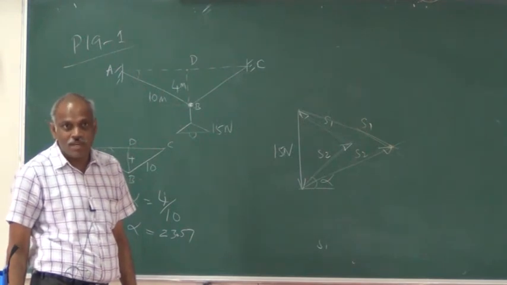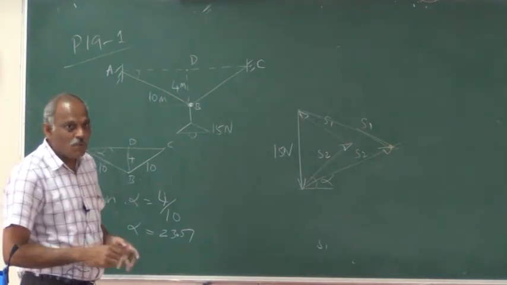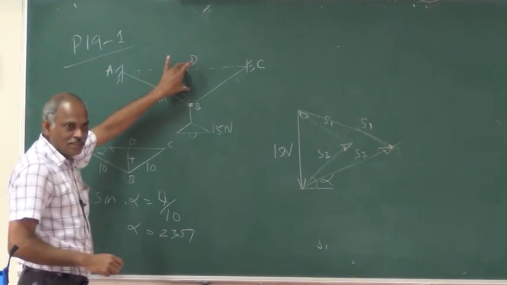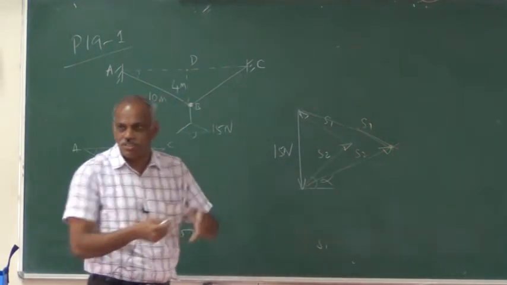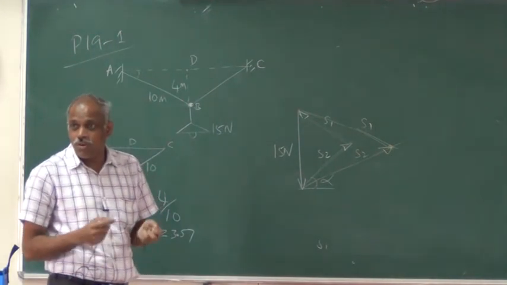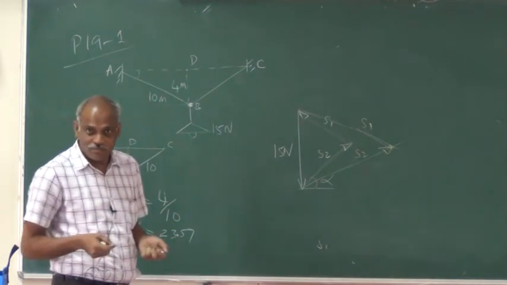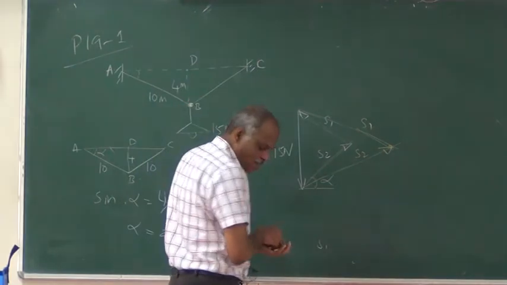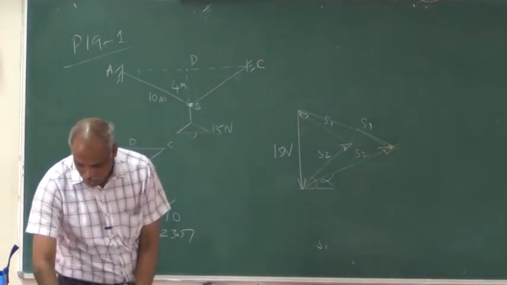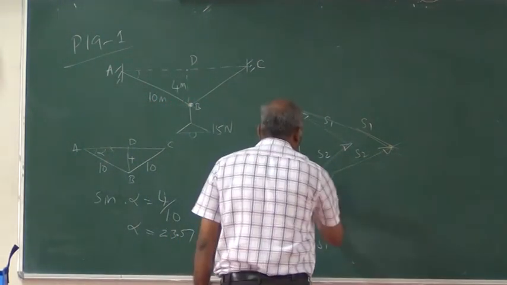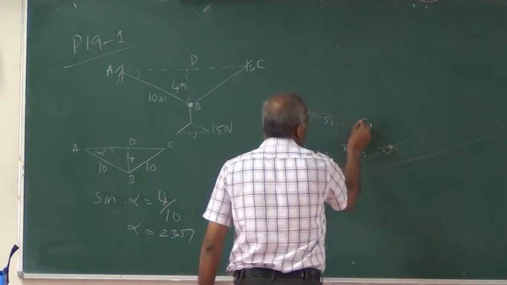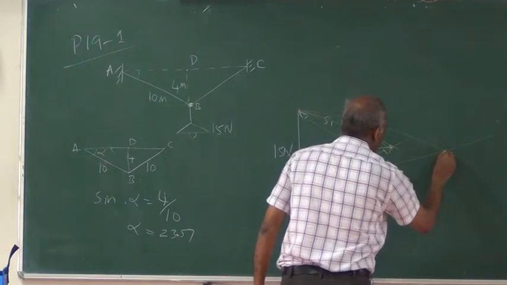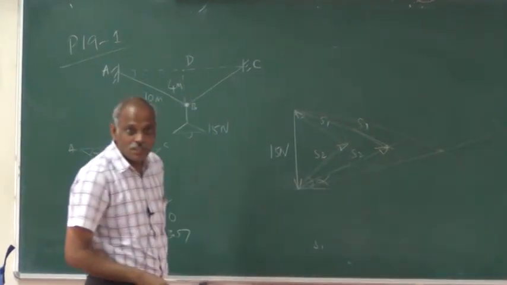For the same weight of the lamp, if you try to reduce the sag, then S1 and S2 will increase. If you want to reduce the sag further, then this is going to be very large. If I reduce this alpha further, this is the effect you can see.